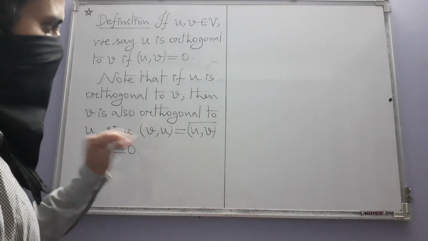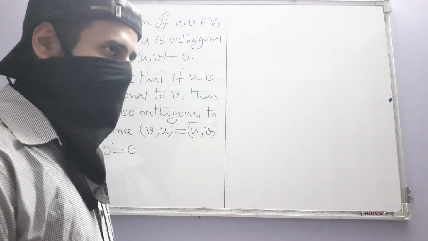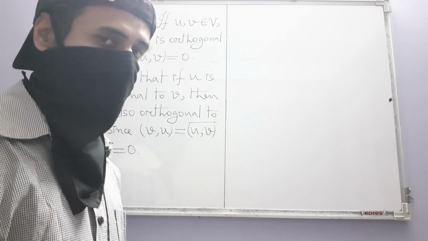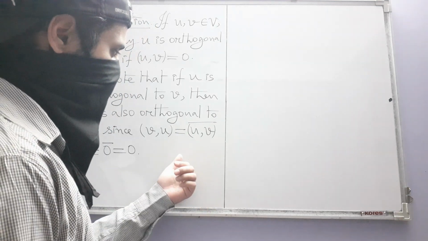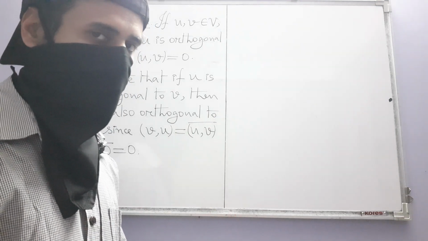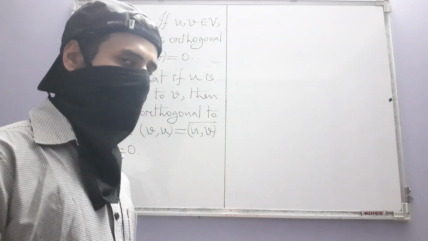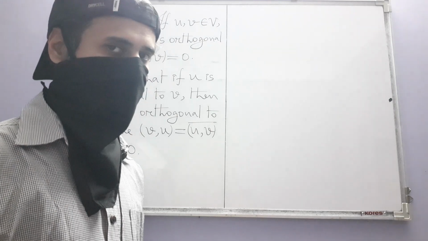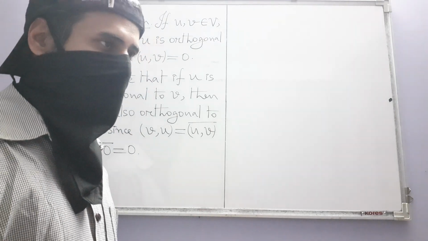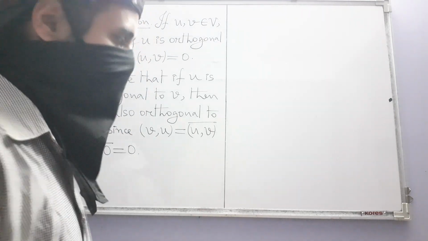And because of this fact, we can just simply say that U and V are orthogonal to each other when any one of them is orthogonal to the other. So this proves that the relation of two vectors being orthogonal in an inner product space is a symmetric relation.